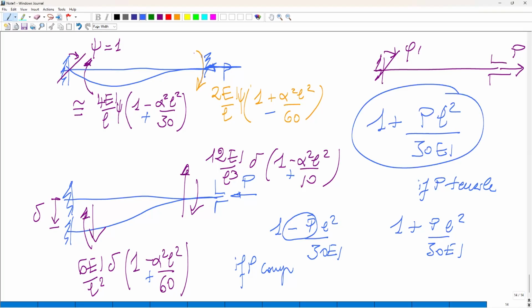There is also another advantage of this formulation. Look here, we have assigned a unit rotation. Because of that unit rotation, since the structure is restrained, a bending moment arises. The bending moment is equal to the stiffness times the rotation, so if the rotation is 1, the bending moment is exactly equal to the stiffness.